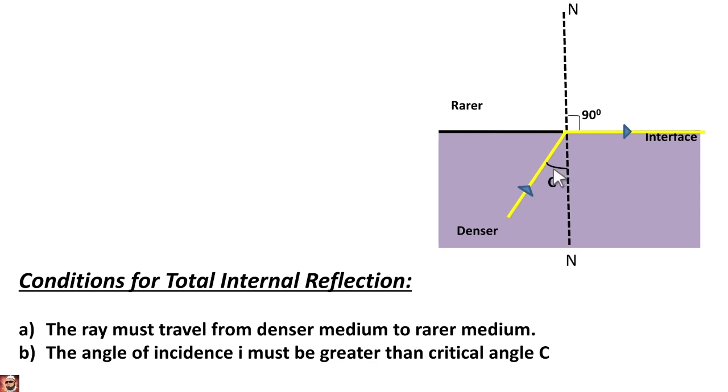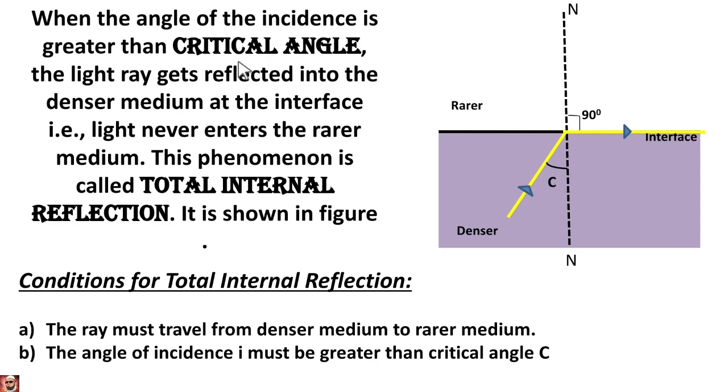When I increase the angle of incidence greater than the critical angle, the light ray gets reflected. See here in the diagram, when the angle of incidence is increased greater than the critical angle, then the ray is reflected back into the denser medium, into the same medium.